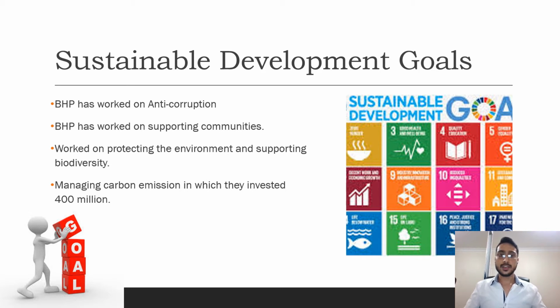So in case of sustainable development, BHP Billiton looks pretty good, and it looks like the company is doing well, with very good sustainable development in terms of anti-corruption facilities, giving the communities the best practices, and also supporting biodiversity.